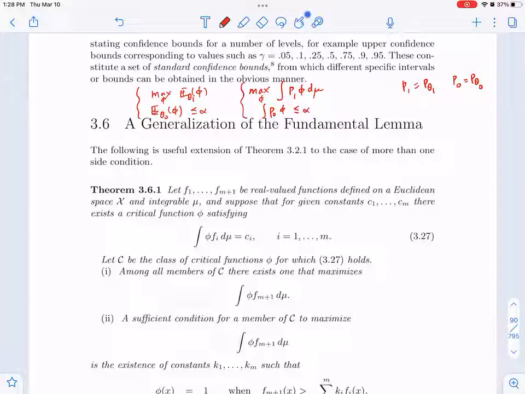If you think about this, this is an infinite dimensional linear program because we're optimizing over phi. This is a linear functional of phi, and this is also a linear constraint.